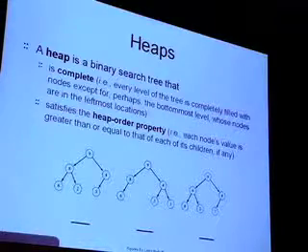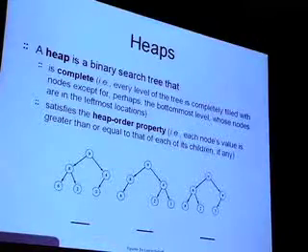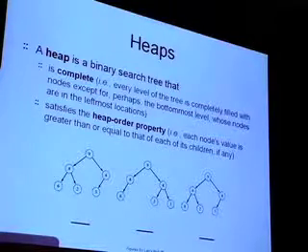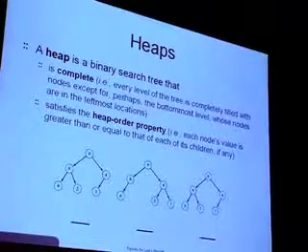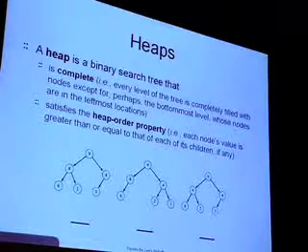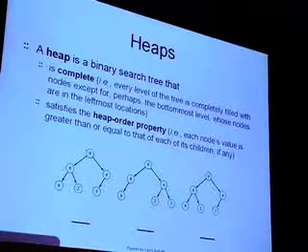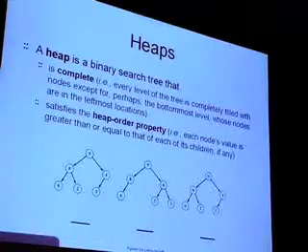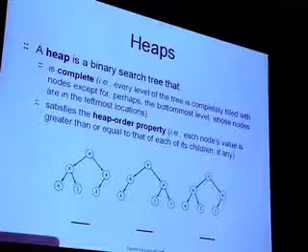It's called the so-called heap order property. So a heap is a binary tree that satisfies the heap order property, which simply means that each node value is greater than or equal to that of each of its children.